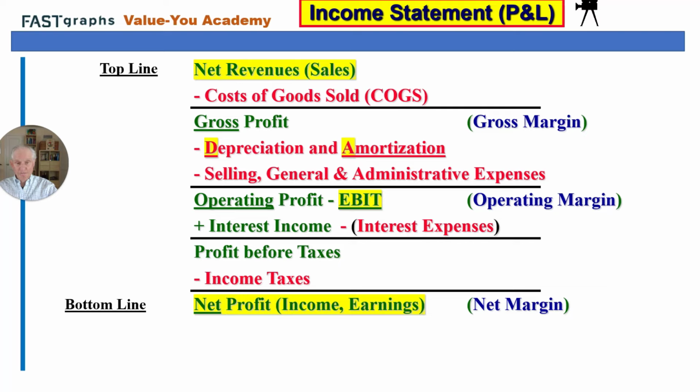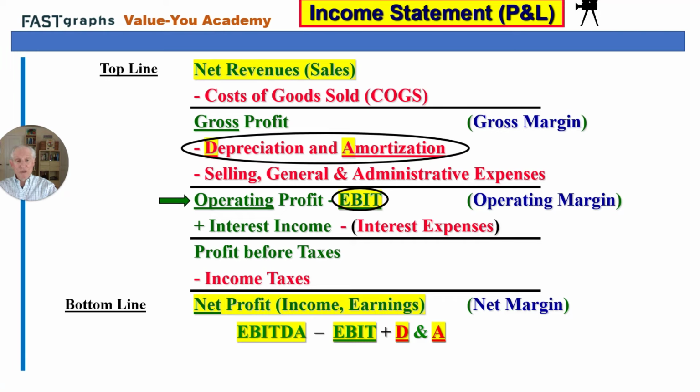A lot of companies look at their EBIT and EBITDA, earnings before interest and taxes, very important number. To get the EBITDA, remember we took off depreciation and amortization, but we didn't really write a check for it. We've got that money.